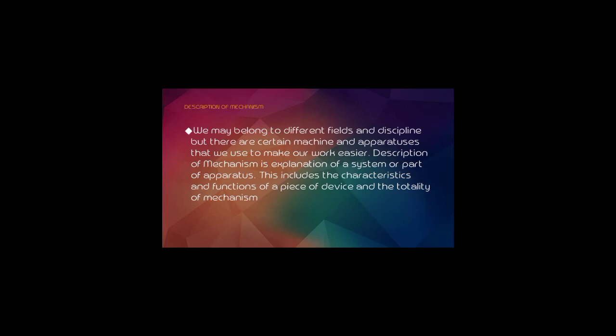This includes the characteristics and functions of a piece of device and the totality of the mechanism. Mechanism description is a short report designed to convey to the reader a technical understanding of the function, appearance, and operation of a particular object. It also explains the arrangement and shape of the object in space.